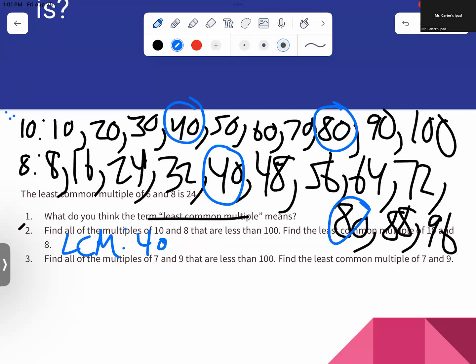Now on number 3, it actually is going to be. So the multiples of 7 and 9 that are less than 100, and then find the least common multiple of 7 and 9. So we're going to list them out: 7 times 1, 7 times 2, like this. All right.